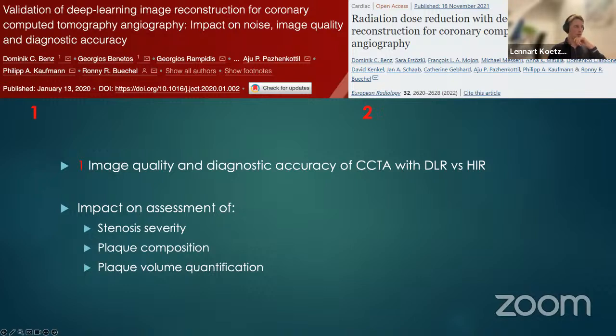More specifically, they looked at the impact on stenosis severity, which was categorized into 7 groups ranging from no stenosis to total occlusion. The plaque composition was categorized into calcified plaques, non-calcified plaques, or a mixed plaque. And they also looked at the plaque volume quantification.